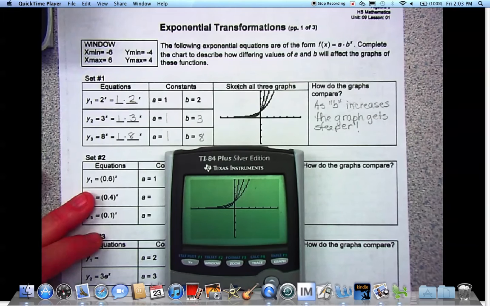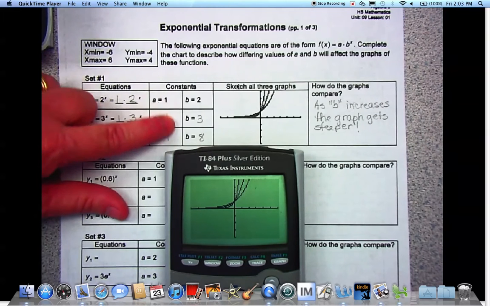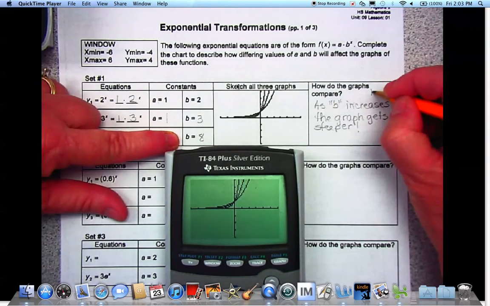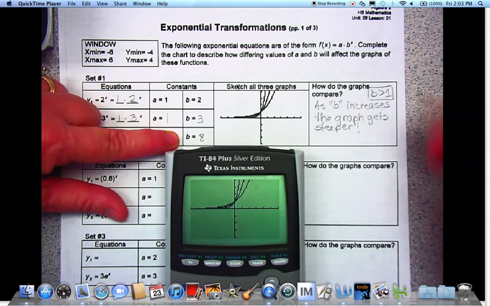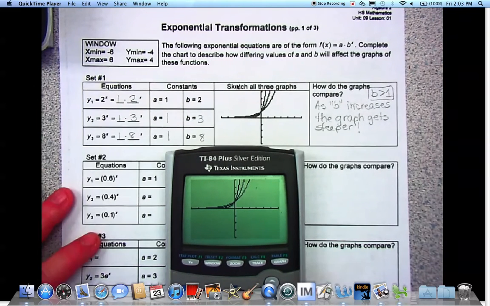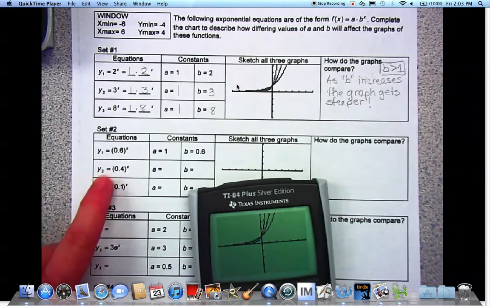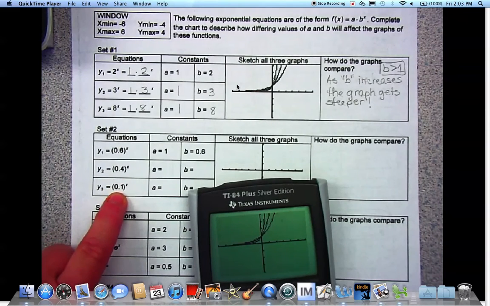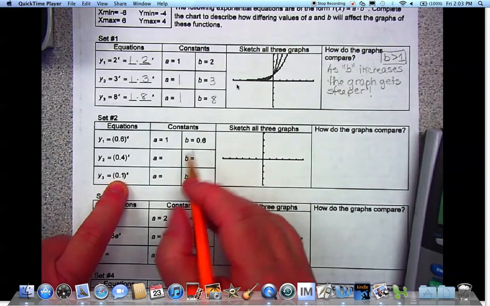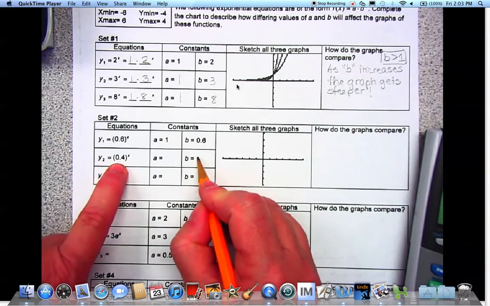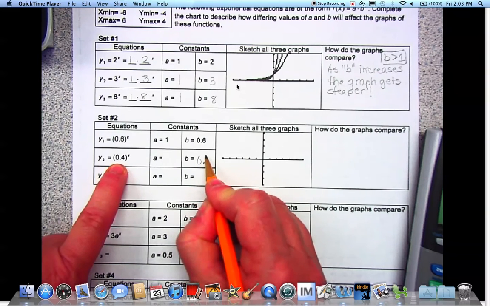Okay. And all the B's are greater than 1. So this is for when B is greater than 1. Because the next one, all the B's are going to be less than 1, aren't they? Okay, so we're going to see what happens when B is less than 1. So down here on this one, this would be 0.4.